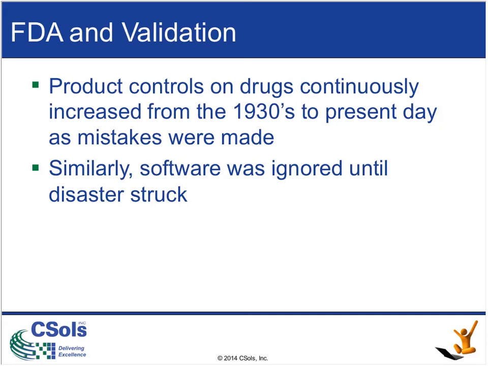And that led to the Congress creating the Food, Drug, and Cosmetic Act, which is what defines and regulates drugs and cosmetics and food. And that Act has been continuously amended since then, and now also includes medical devices and dietary supplements.